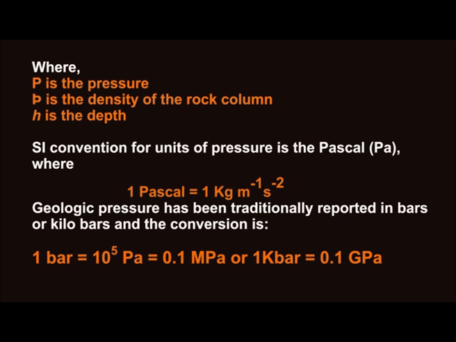The SI unit of pressure is the Pascal, where 1 Pascal equals 1 kg per meter per second square. Geological pressure has traditionally been reported in bars or kilobars, and the conversion is 1 bar equal to 10 to the power 5 Pascal, equal to 0.1 megapascal; 1 kilobar equals 0.1 gigapascal.